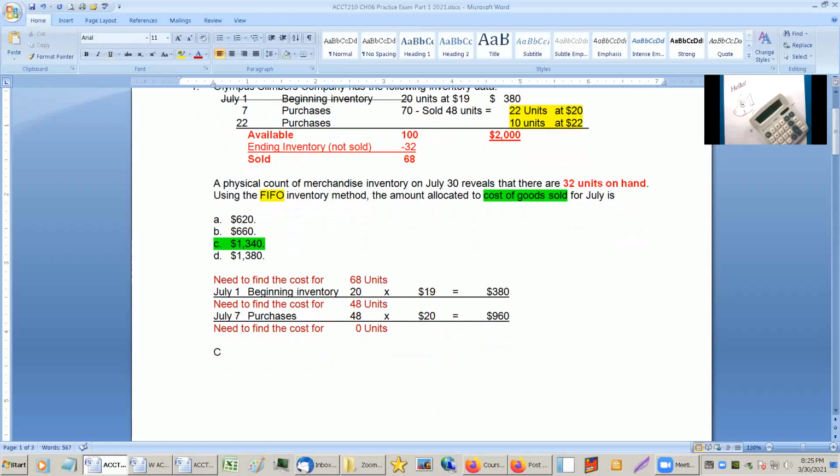And so our cost of goods sold will be those two together. 380 plus 960. 1340.